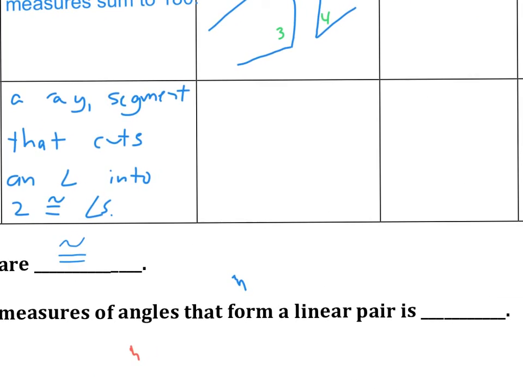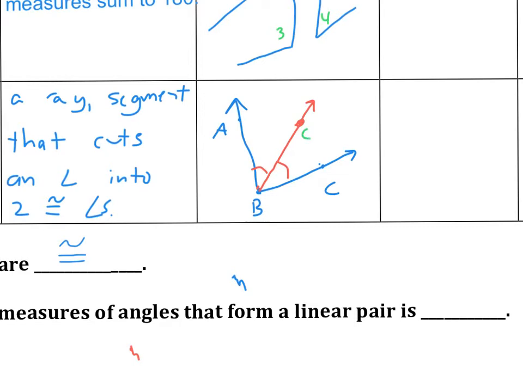So if I have an angle right here, A, B, C, and let me clean that up. And then I cut it in half right there, such that this angle is congruent to that angle.